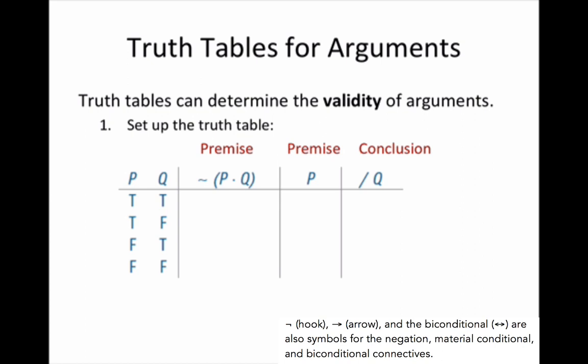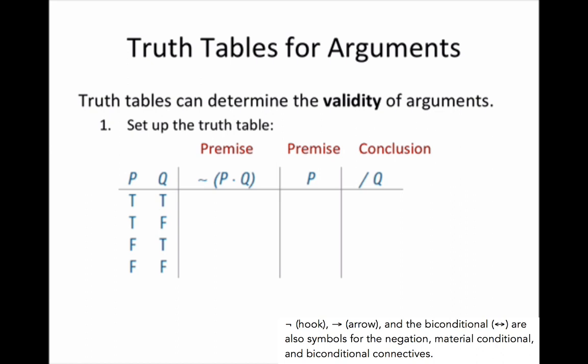So we know how to translate from ordinary language into propositional logic notation. We know how to determine a main operator when we have more than one in a compound sentence. We know what the truth definitions are for each of our operators, and we know how to set up a truth table to determine the truth values of a given sentence.